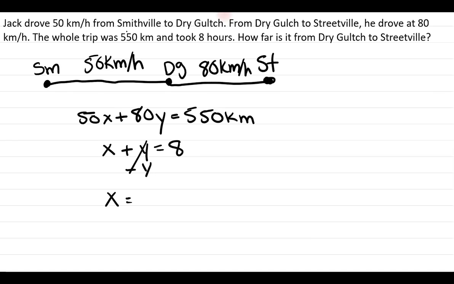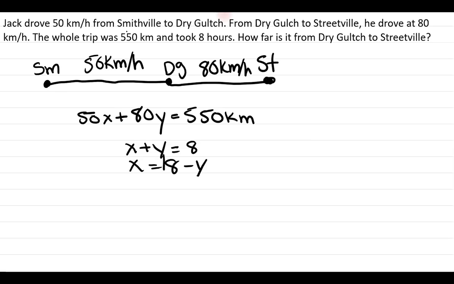And since we subtracted Y here, we have to subtract Y on the other side of the equation, because whatever we do on one side, we have to do to the other. So X is equal to 8 minus Y.